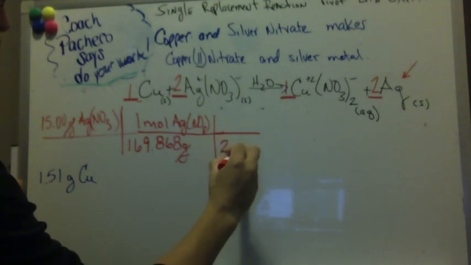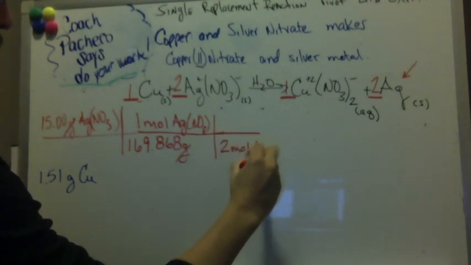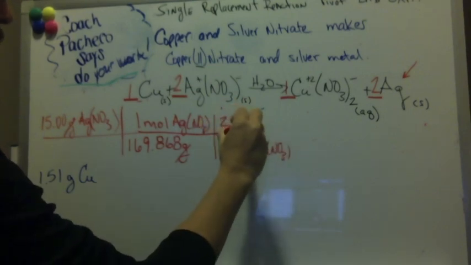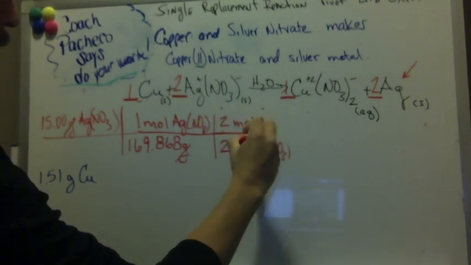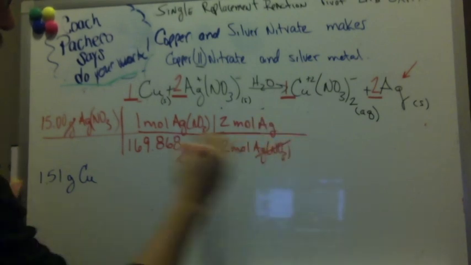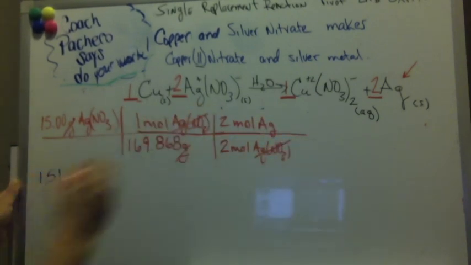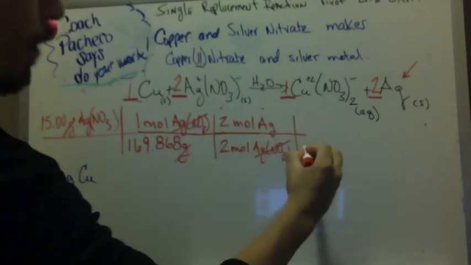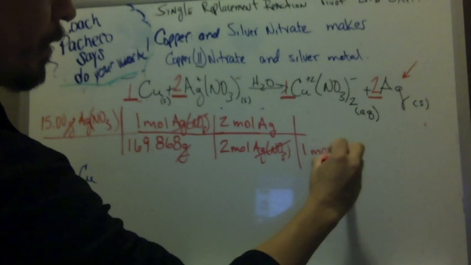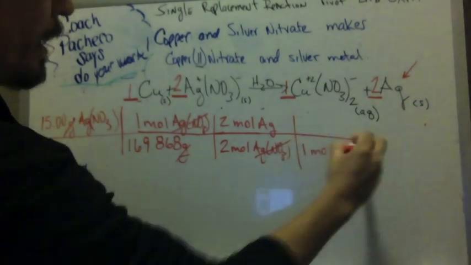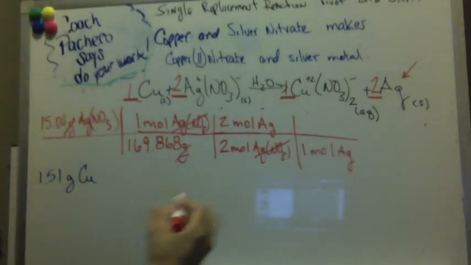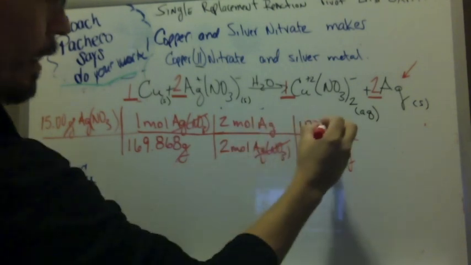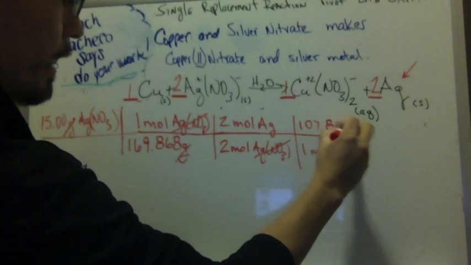So 2 mole of AgNO3 is equivalent to 2 mole of silver. This can cancel out as well. Now, we know that 1 mole of silver, because we want to find the mass, is equivalent to 107.868 grams.